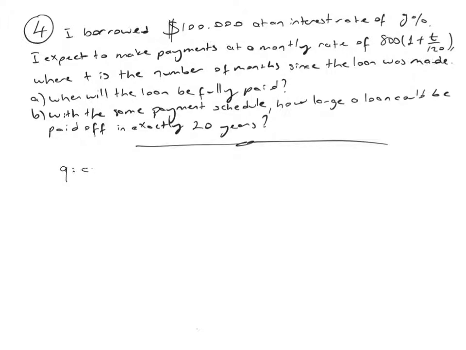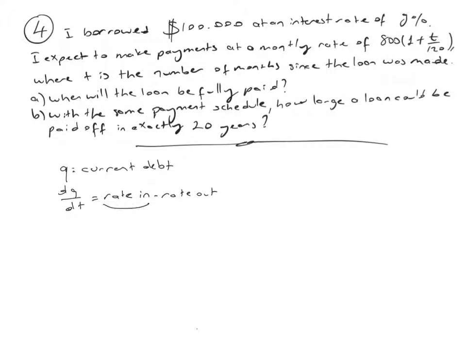Q is the current debt, and our differential equation is in the form of dQ over dt is equal to rate in minus rate out.